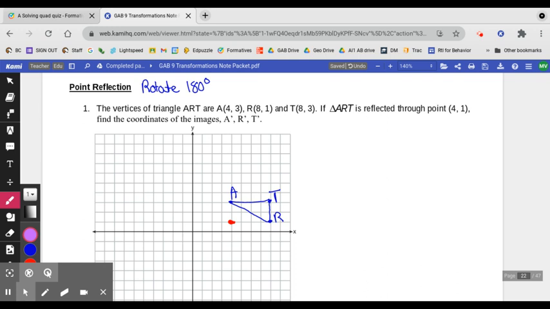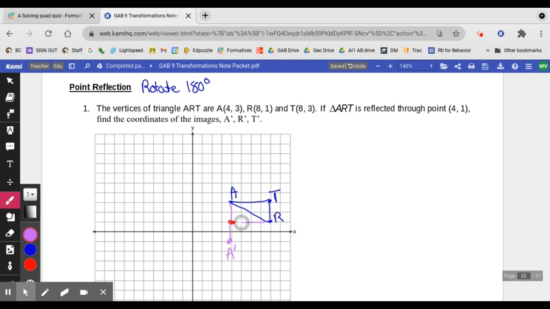What's going to happen is when we're doing a point reflection, which is 180 degrees, we're going to go from our point A to our point, which is down 2, and we're going to continue the same distance, so down 2 more, and that's where A prime is. So for A and R, it's pretty simple because those are horizontal and vertical.